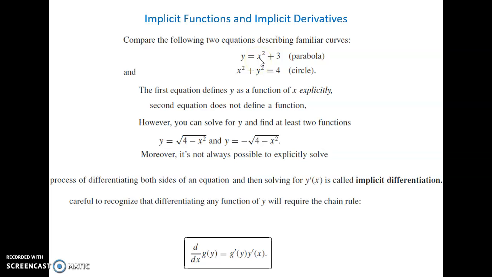That means if x is given, I can find y very easily, directly. Whereas in the second function, x and y are both on the left side. If I give the value of x, I can find the value of y, but not directly, only after some simplification. That means I cannot find y directly whenever x is given.